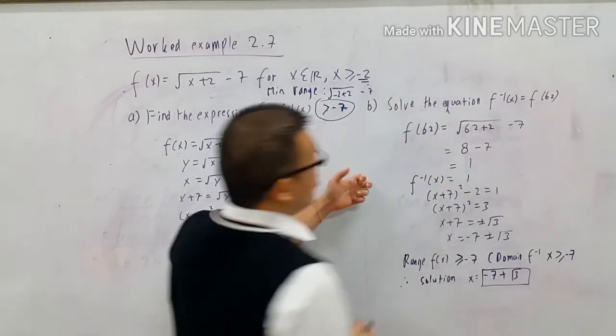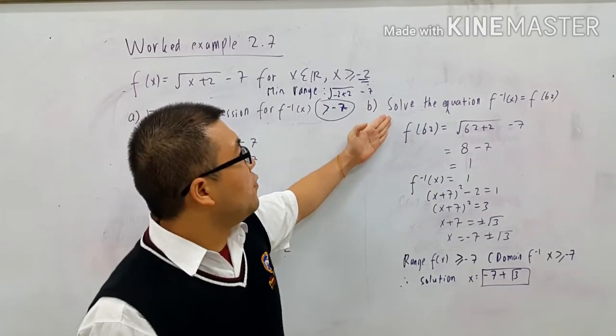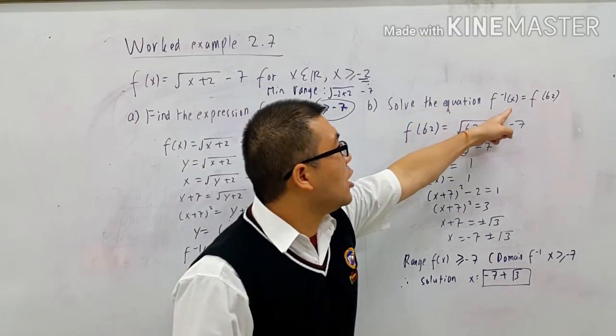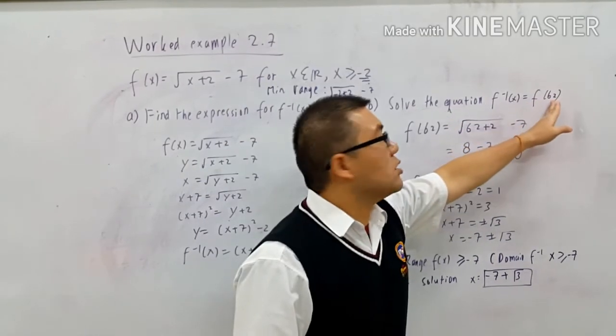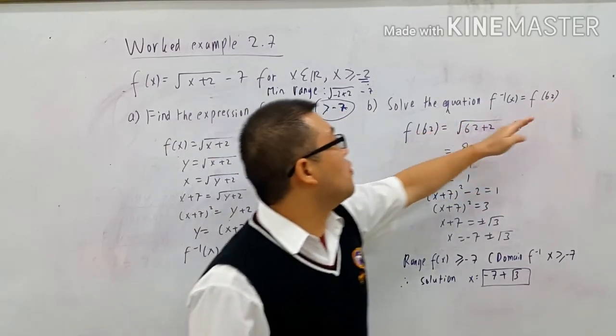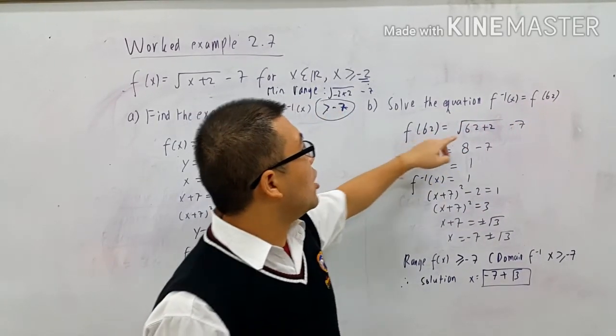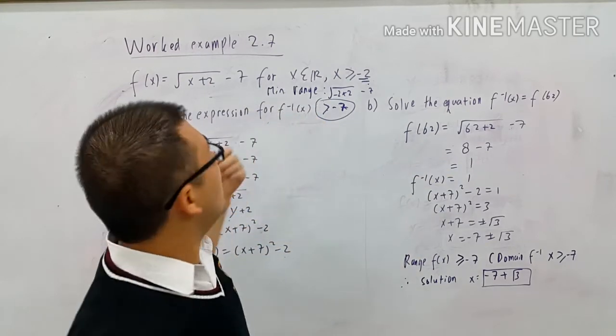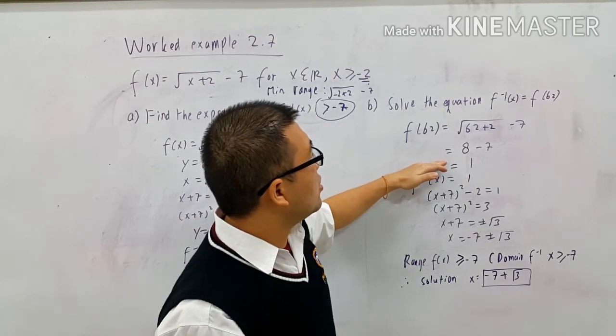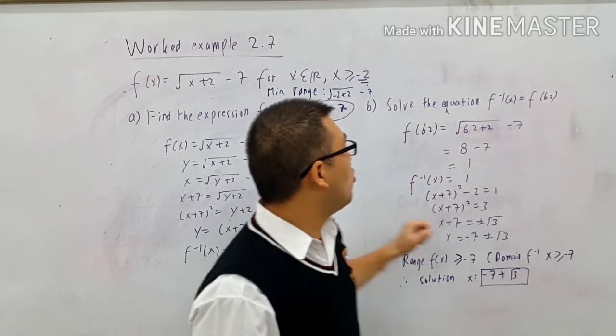Okay, now let's take a look at part B. Solve the equation f inverse of x equals f of 62, when x is equal to 62. So first I need to find f(62), and I put x equals 62 into the f function, and then I have 1. Okay, therefore f inverse of x equals 1.